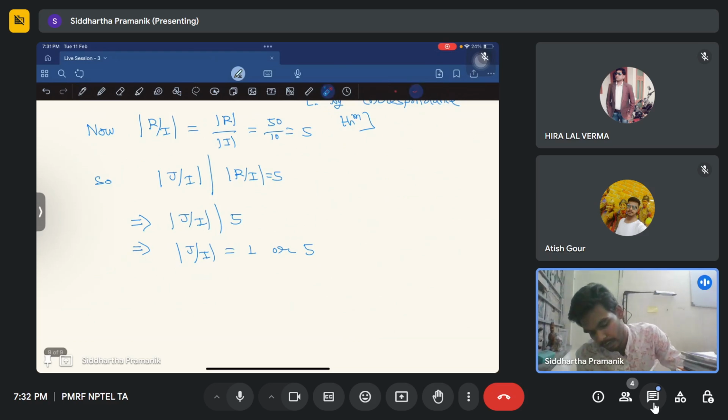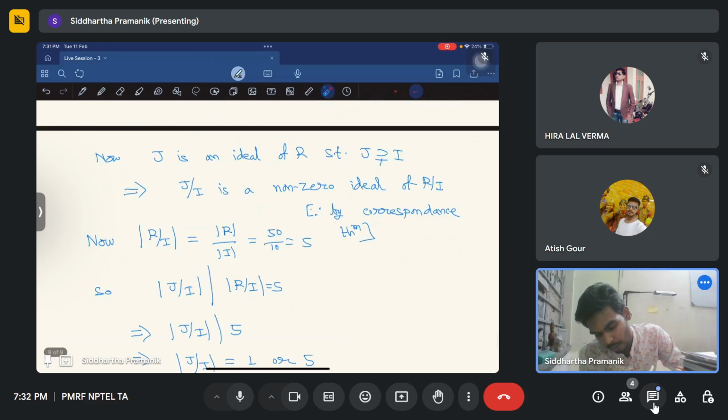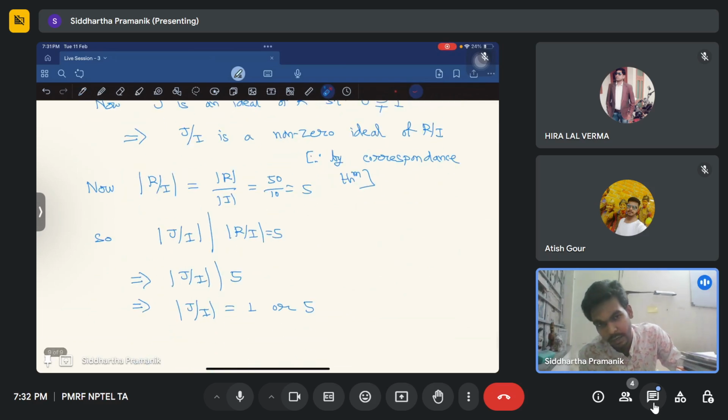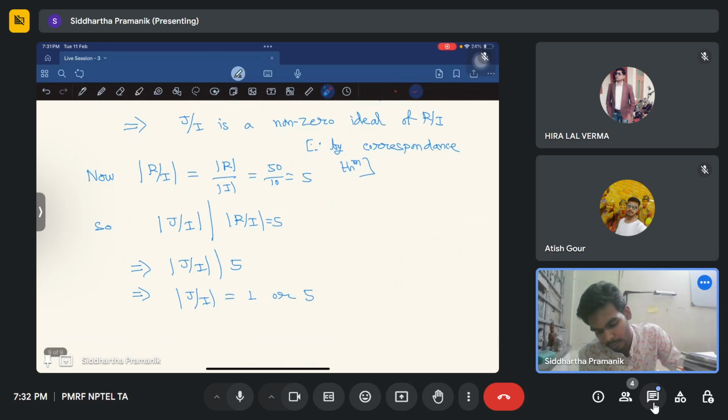But J mod I is a non-zero ideal, right? So it contains more than one element, so its cardinality cannot be 1.